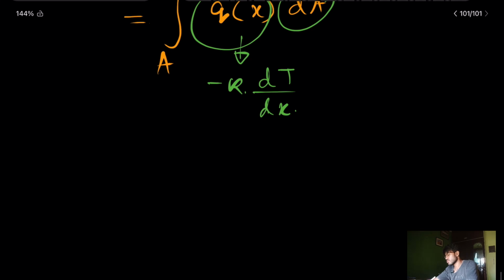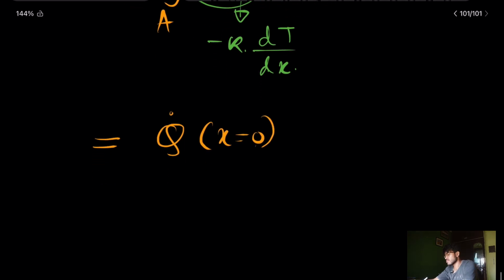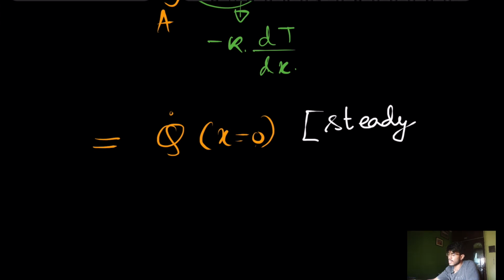Another approach, which will give you the same answer, is q dot at x equal to 0, and that is because this is at steady state. I have already explained to you the reason, right?